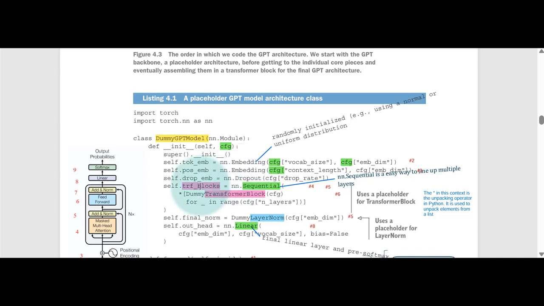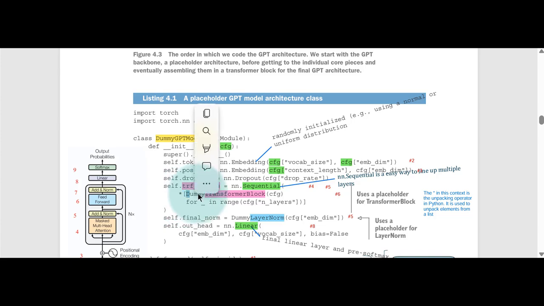And this is, as we said, going to be the transformer blocks. Again, we're using nn.Sequential, and this asterisk here, in this context, is the unpacking operator in Python. It's used to unpack elements from a list. So this is a list comprehension. Here's the end of the list, and the beginning of the list is somewhere here.